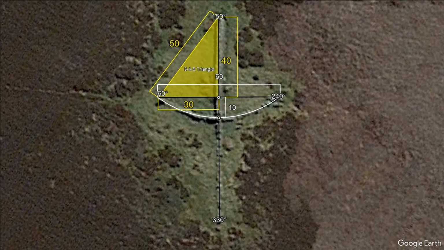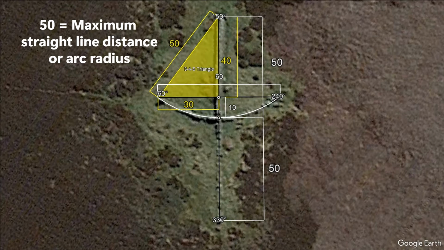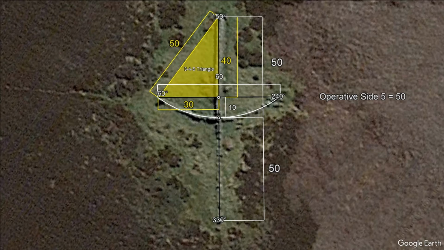Now, this is important because 3-4-5 triangles are used in surveying. The 3-4-5 triangle functions as a way of getting a straight line, and the straight line is dictated by three things.